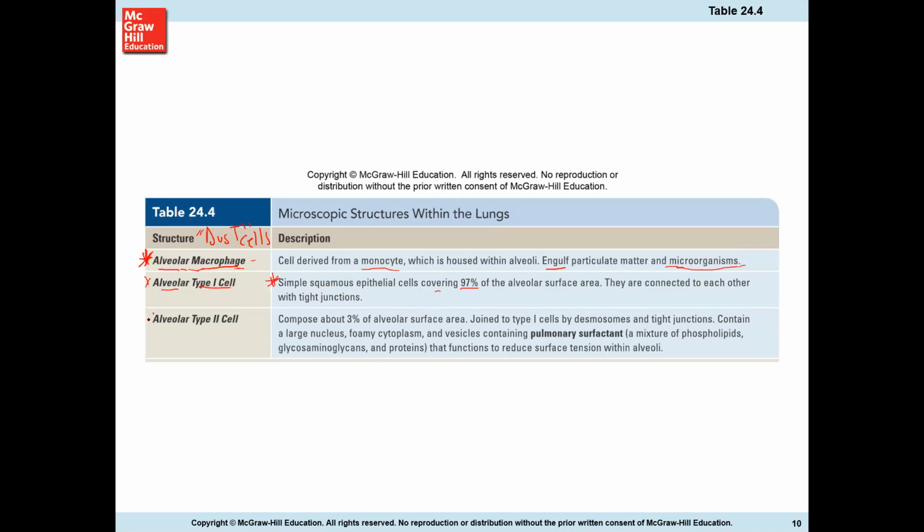Then you have the type 2 alveolar cells, right? These also have tight junctions. And again, these are more likely low columnar or cuboidal. It doesn't tell you that here, but they're not simple squamous because these guys, or girls, are secreting surfactant.